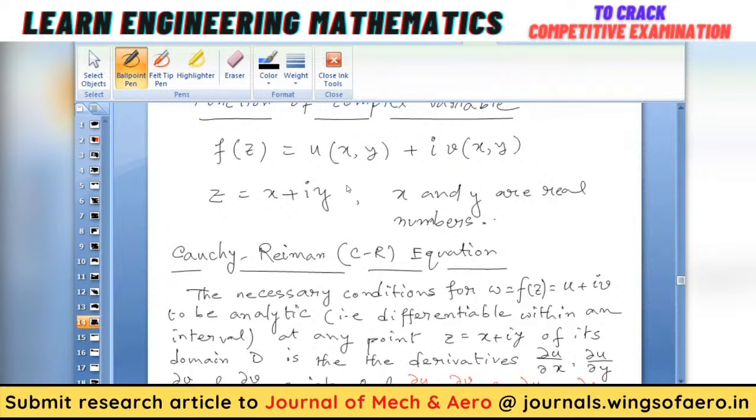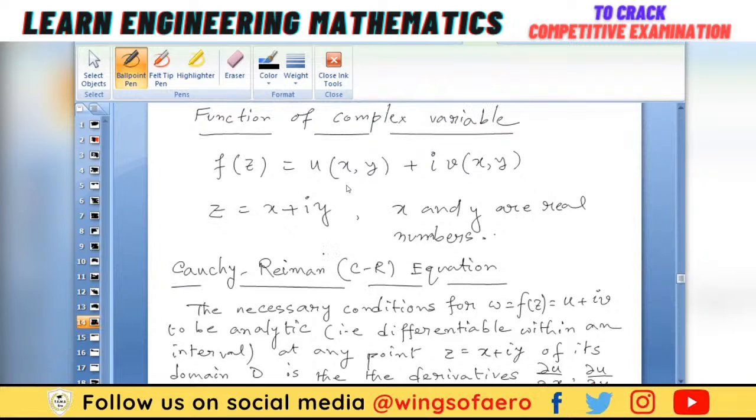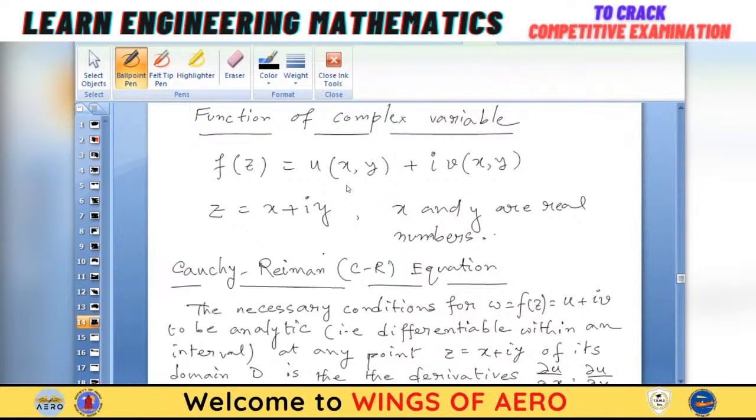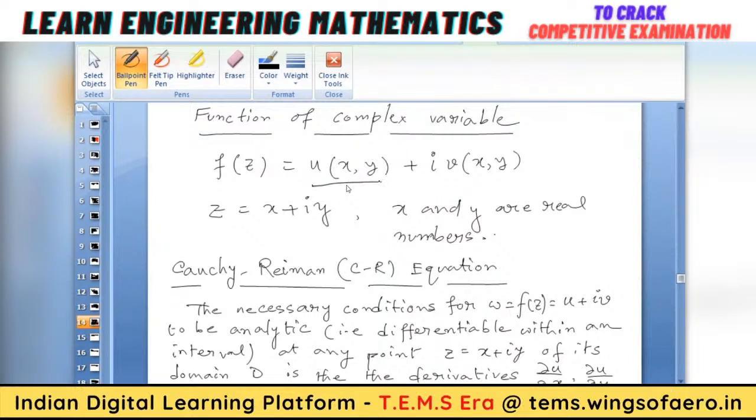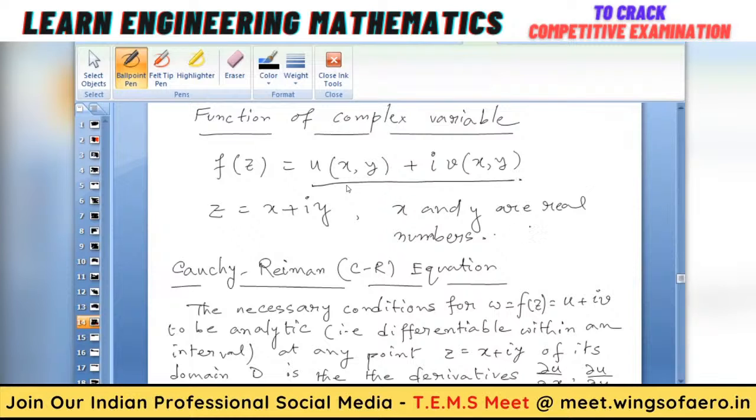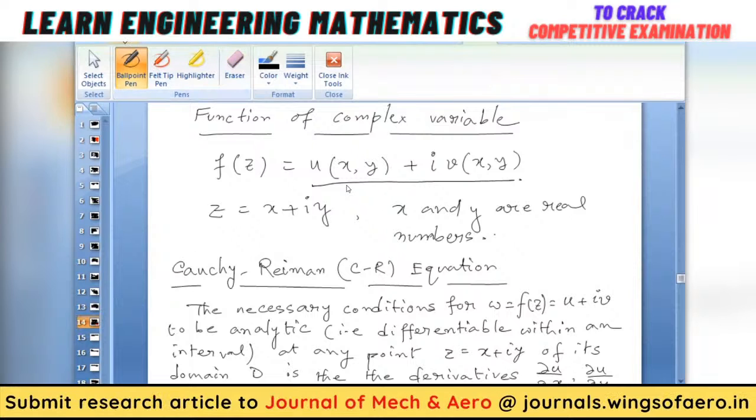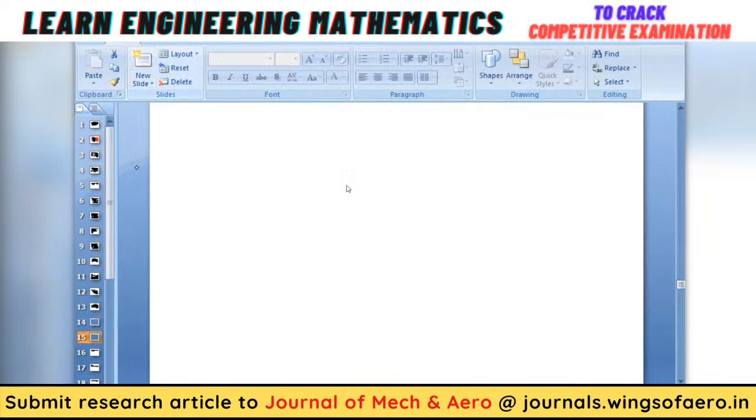Next, which is the most important part, function of a complex variable. What is a function of a complex variable? It can be written in this form: u(x,y) plus i into v(x,y). I'm giving you some examples.